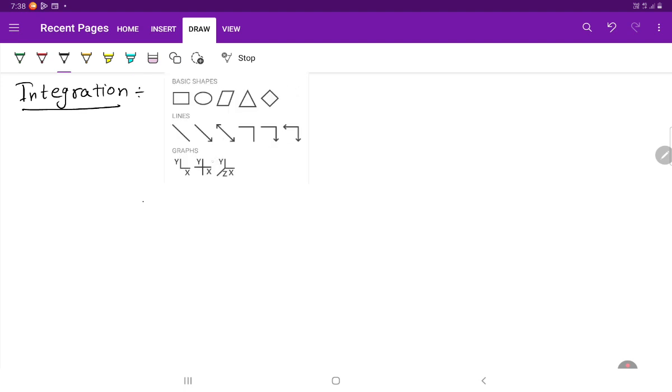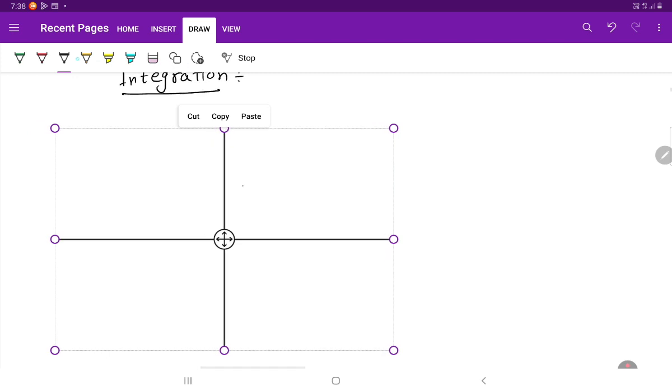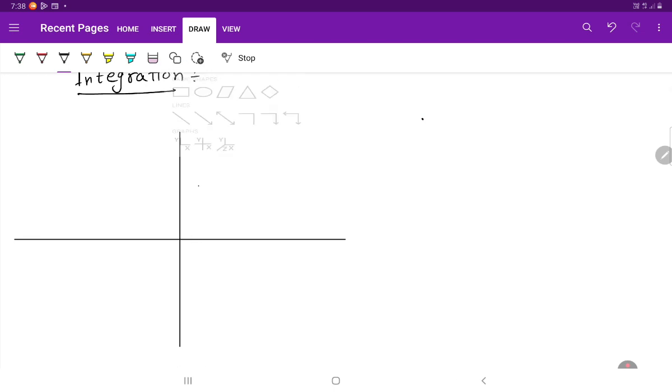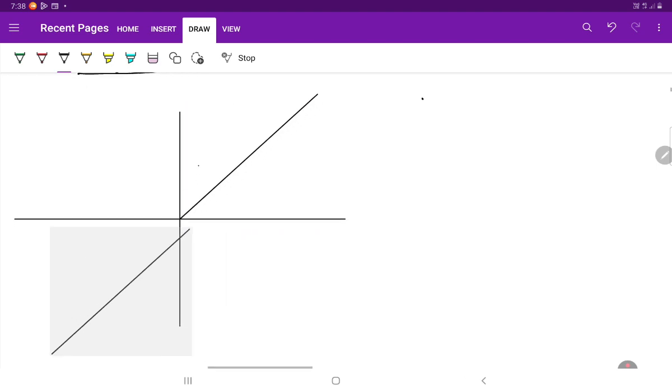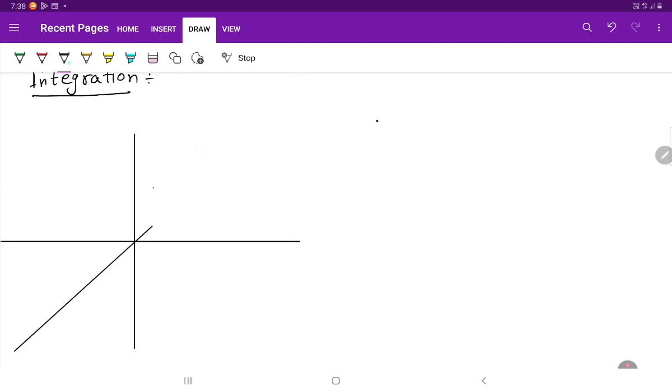Let me take the general x and y system and consider the line y equals mx.